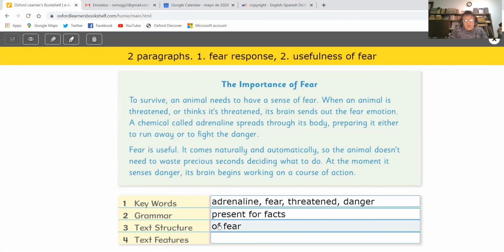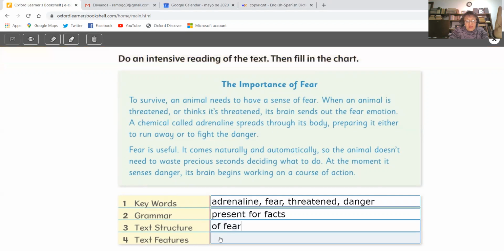It's divided in 2 paragraphs. 1 talks about fear response, and 2, the usefulness of fear. And question number 4, text features.